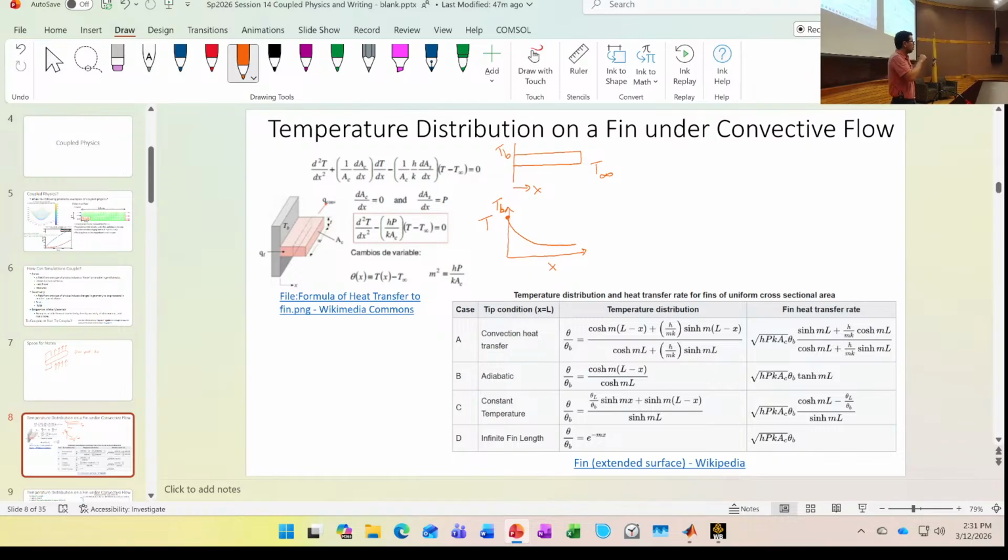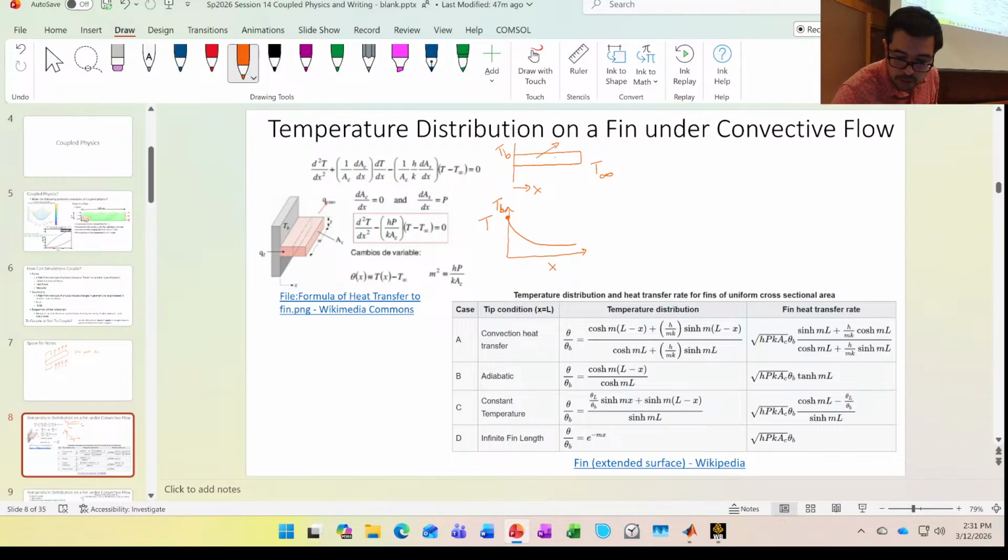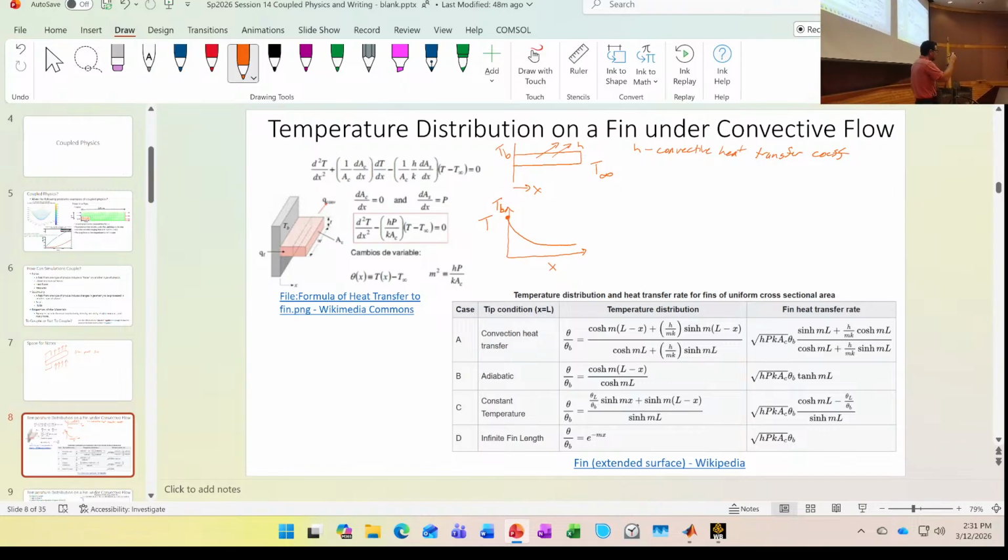We're going to simplify and capture that, once again, in the convective heat transfer coefficient, which is what we often call H. H is the convective heat transfer coefficient, and it has units of watts per meter squared Kelvin. So it's power per area per temperature.